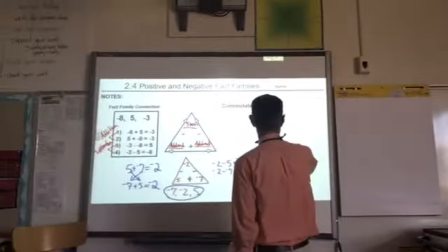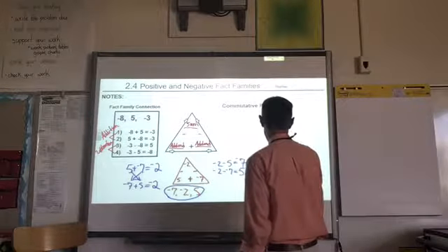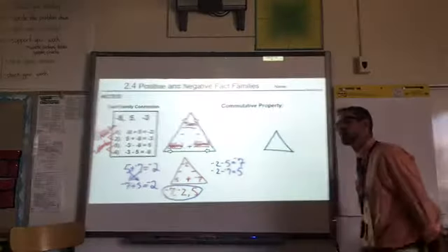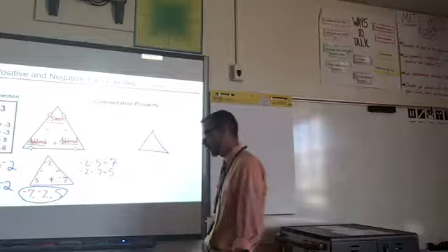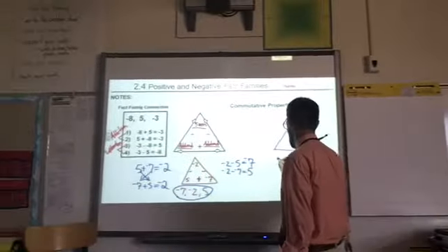So I'm going to give you one more. Make one more fact triangle. I want you guys to write the 4 number sentences on your own, this time with your partner. Here they are.